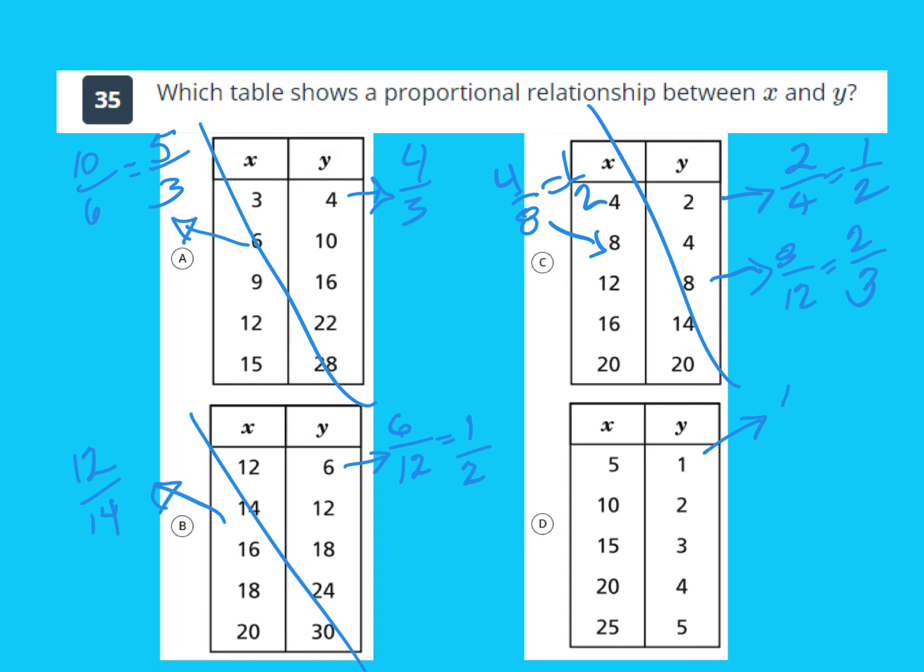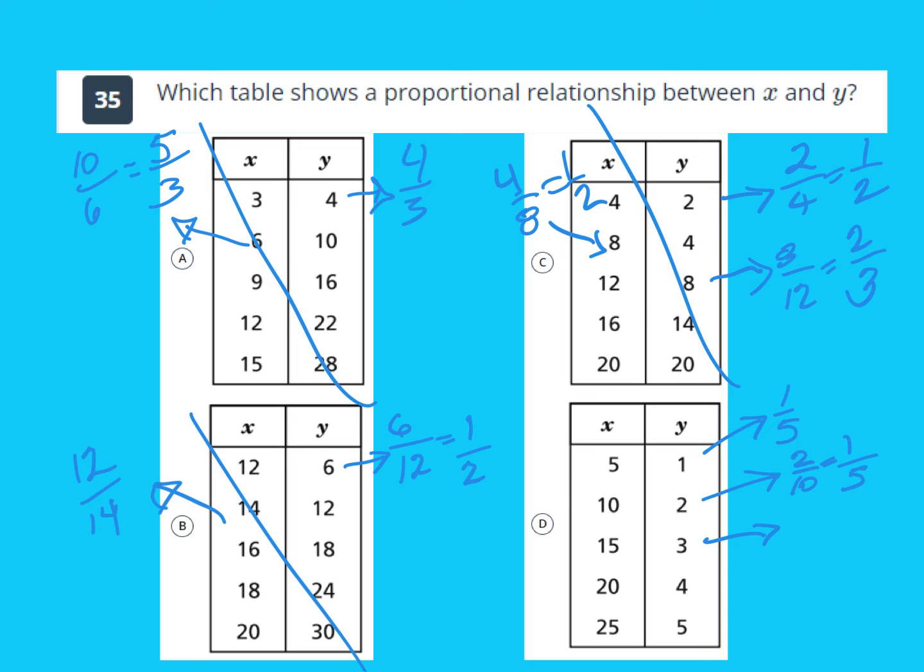So 1 fifth, 2 over 10. The number they share is 2. 2 goes into 2 once. 2 goes into 10 5 times. Sorry about that. 1 fifth equals 1 fifth.